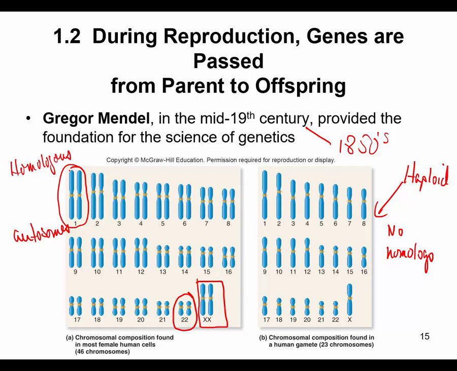So for chromosome number one, one came from your dad and one came from your mom. For chromosome number two, one came from your dad and one came from your mom, and so on and so forth. So this is a diploid cell that has homologous chromosomes, and this is a haploid cell that does not. And we'll talk about reproduction and making haploid gametes, that means eggs and sperm, and fertilization and passing your DNA on to your offspring.